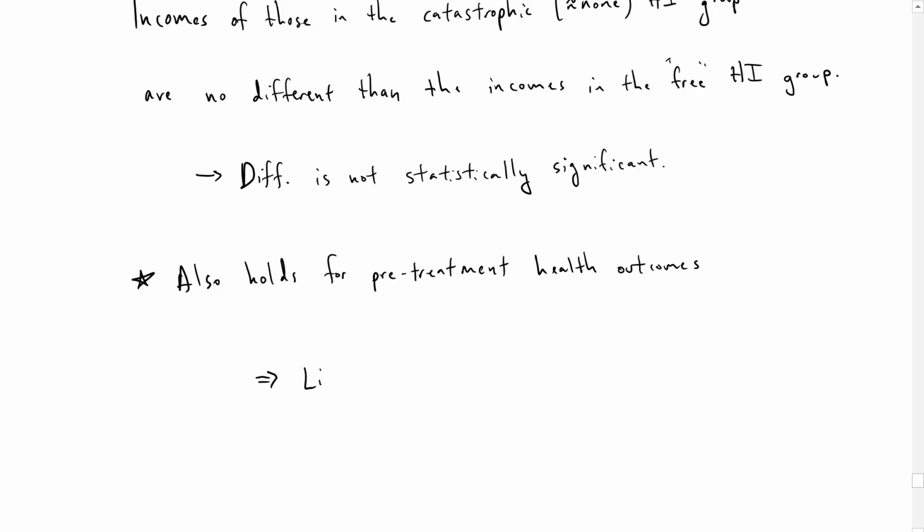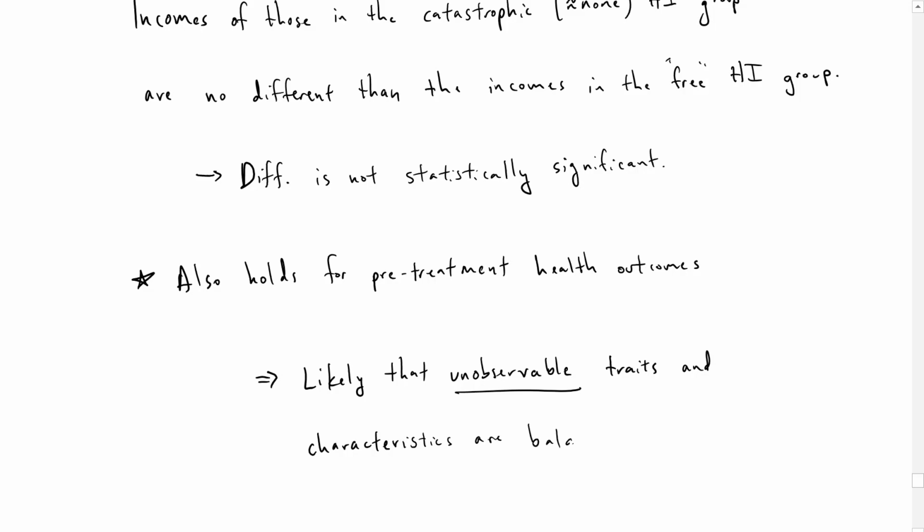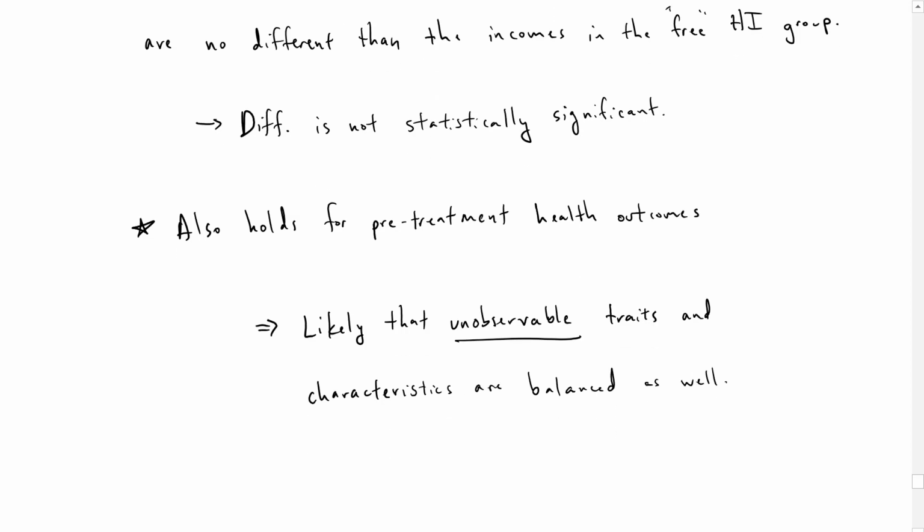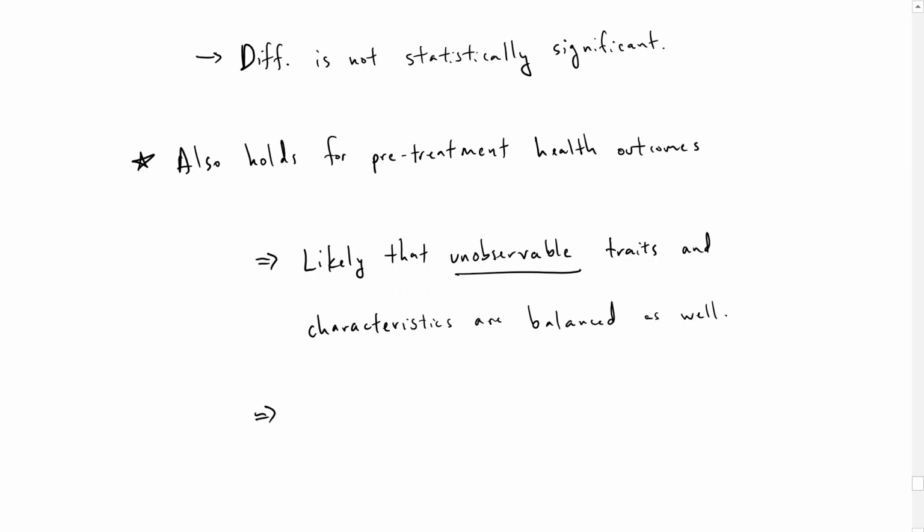That means that it's likely that unobservable traits and characteristics are balanced as well. Okay, and if that's true, then we don't have selection bias.